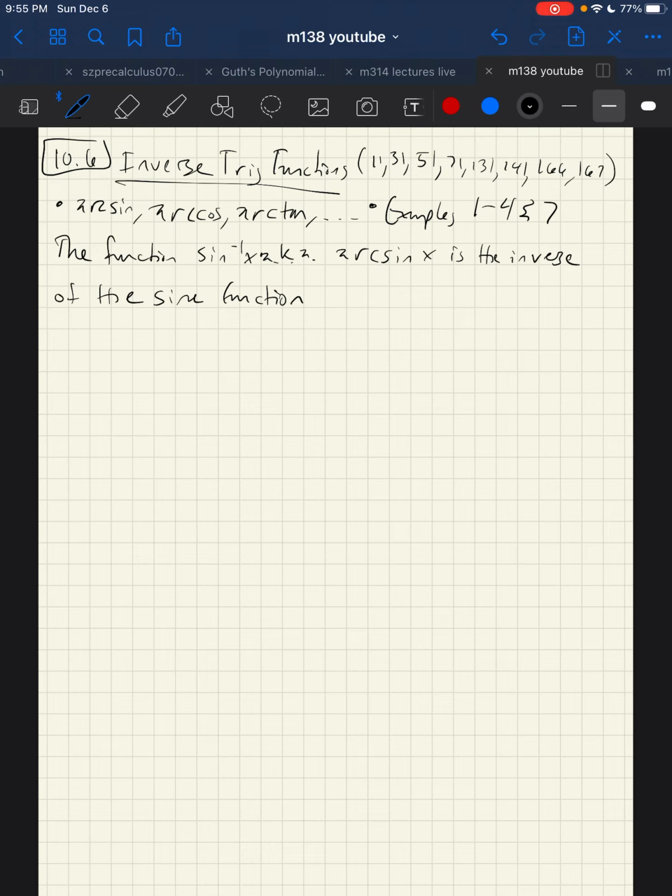Now, obviously sine can't have an inverse because it's not one-to-one, but it's the inverse of the sine function restricted to the domain. And we're going to restrict the sine function to the domain negative pi over 2 to pi over 2. And what this does is it's going to give us all the possible output values of sine. So when we do the inverse, we've got a one-to-one function to work with, essentially.